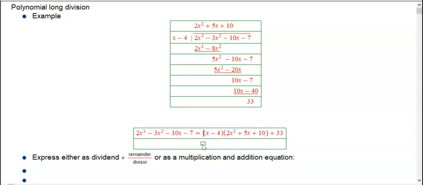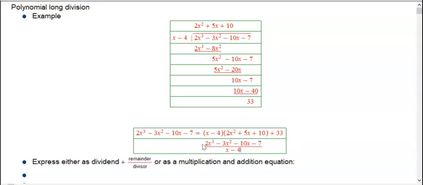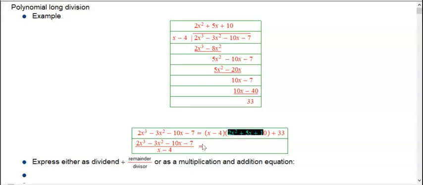You could also say, if I actually write the quotient, I say this thing divided by x minus 4, that is equal to this polynomial plus, and then the remainder divided by the divisor. So these are totally equivalent. If you multiply the bottom equation by x minus 4 throughout, you get the top equation.